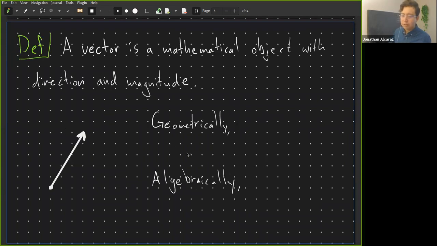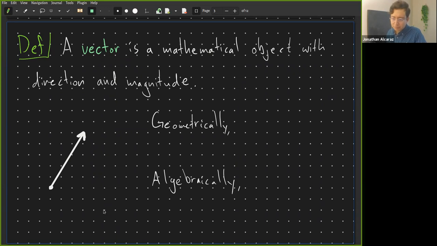Okay, so the next object of study, the big object of study that we're really going to deal with in this class, is our vectors. So here we have this word vector, and this is sort of an object that has direction and magnitude. Maybe you've learned about this. Some places you may have learned about this before is if you've taken certain math classes, but probably you've seen it if you've taken some kind of physics class.